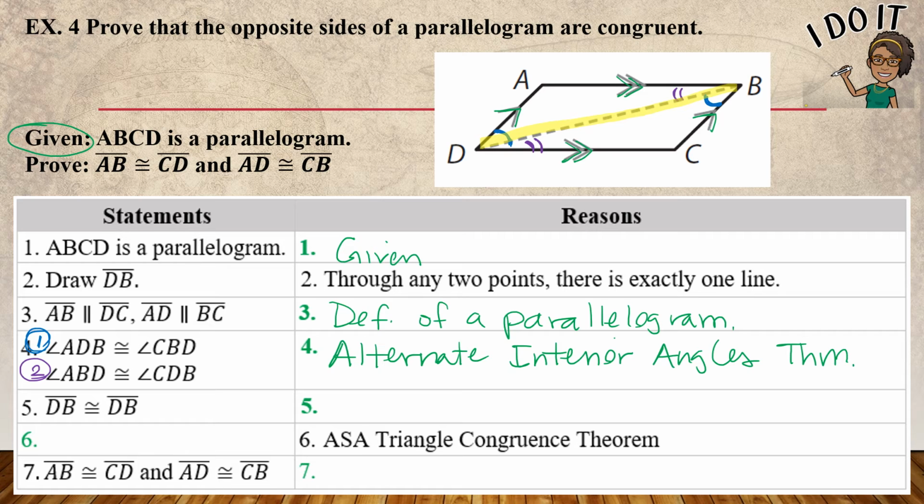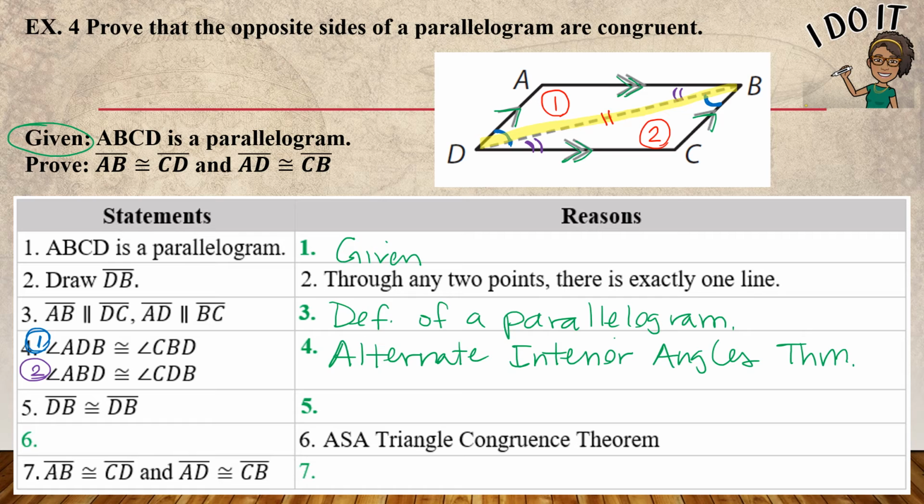DB cuts parallelogram ABCD into two figures. A figure here and a figure here. I see two triangles. So if I were to separate these two triangles, they would have DB in common.